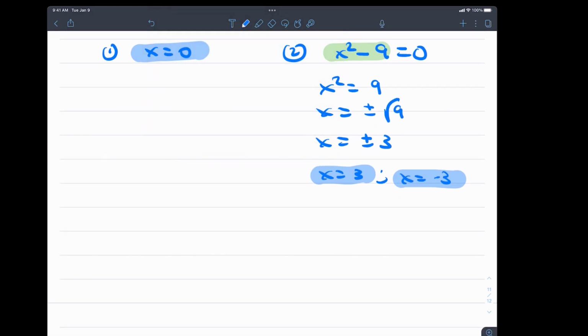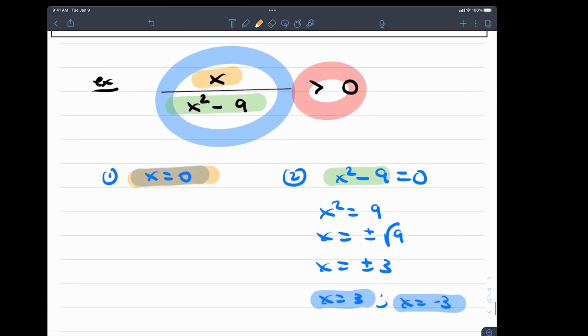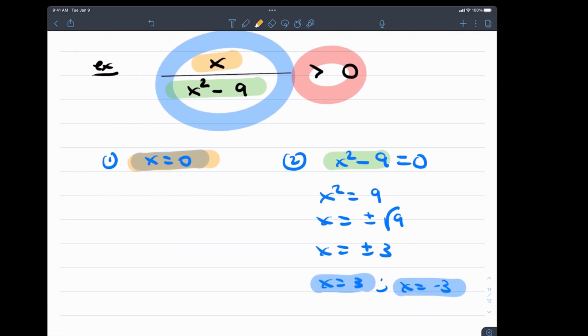So we have the 3 solution situation again. x is 0 is a solution. x is -3. x is positive 3. Remember, we have to find where your fraction is undefined. You're looking at it.